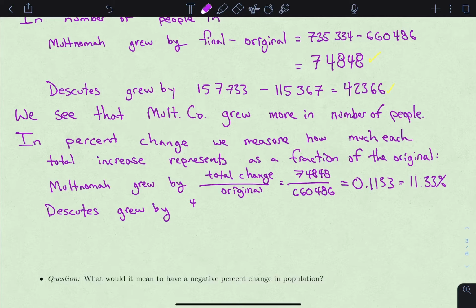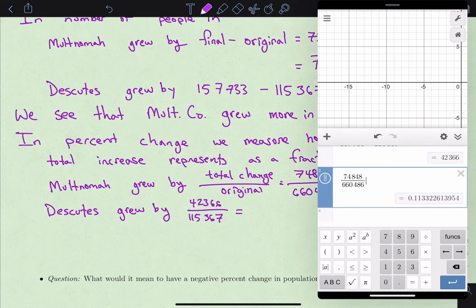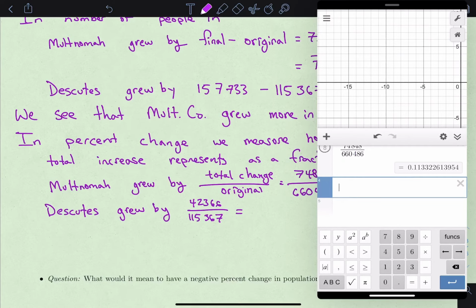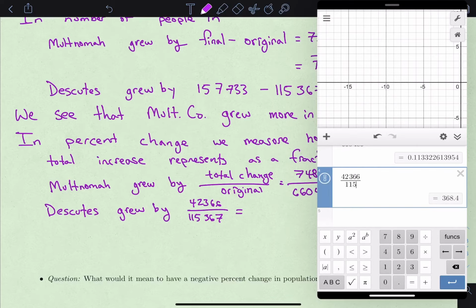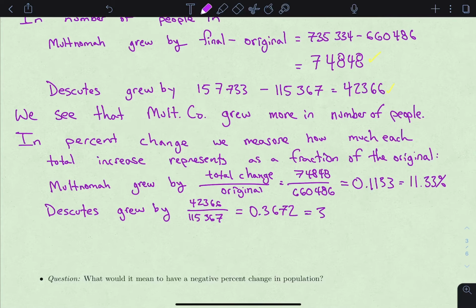So Deschutes grew by 42,366 people, and the original was 115,367. 42,366 divided by 115,367 is 0.3672, for a 36.72% increase.